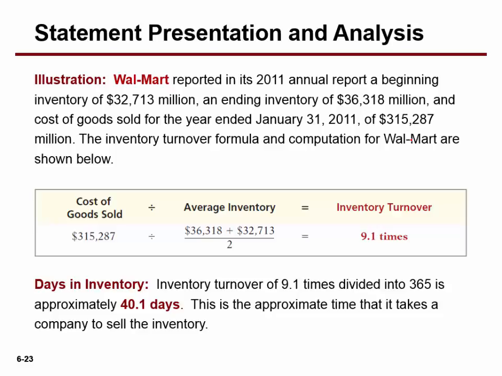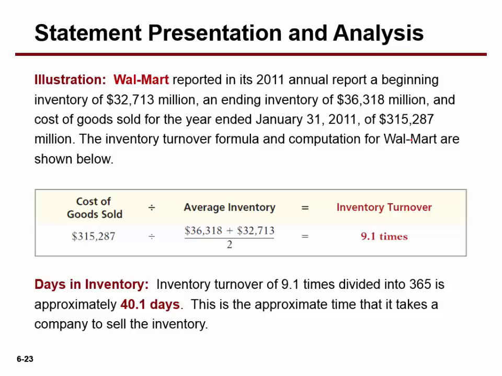Divided by 2 is what? 35,515.50. Okay, good. So that means that on average, they had $35,000 worth of inventory, didn't they?